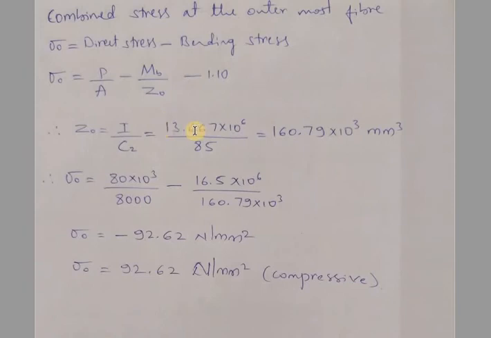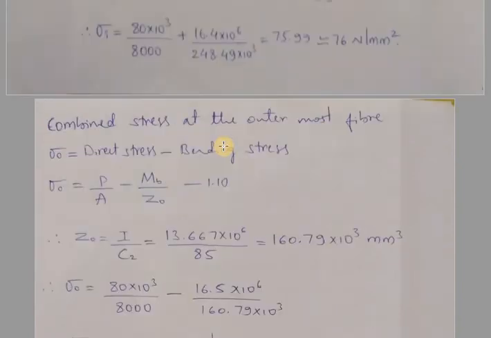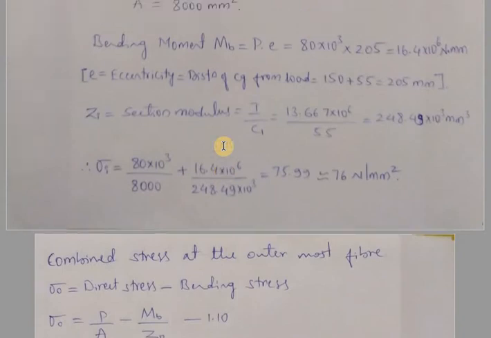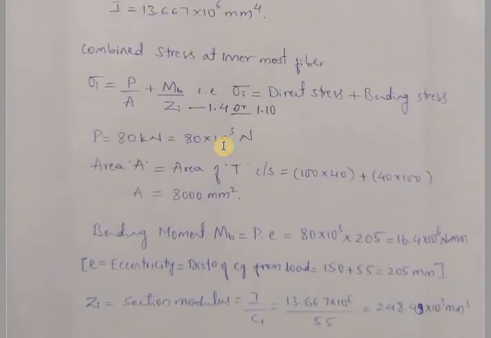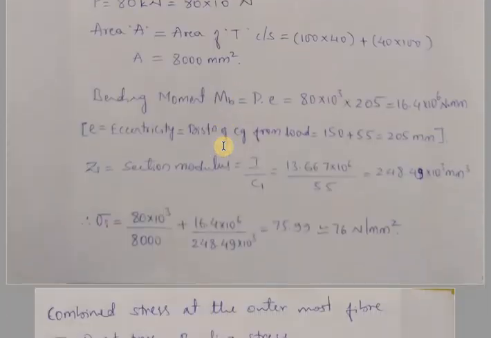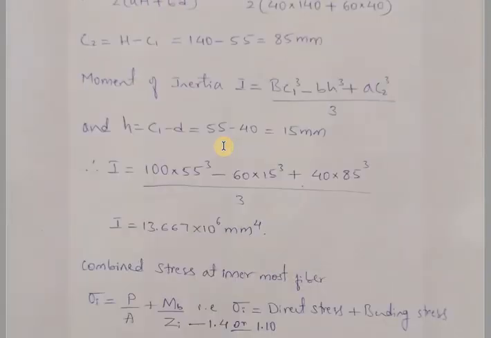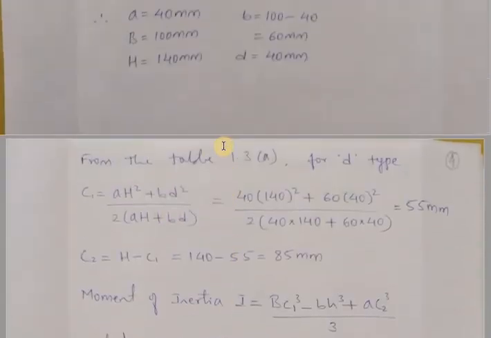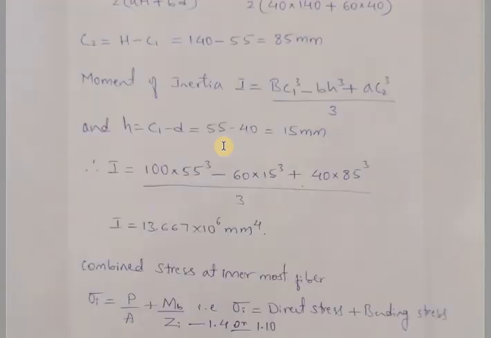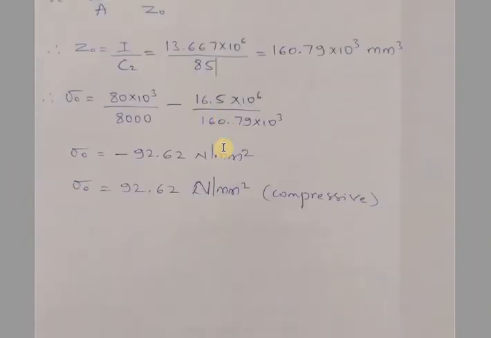For better understanding of the problem, you have to refer to the data handbook. Then only it will be easy to understand. This PDF will also be posted in the group. You can refer to this PDF, where you will get a complete explanation for each step, and refer to the data handbook.